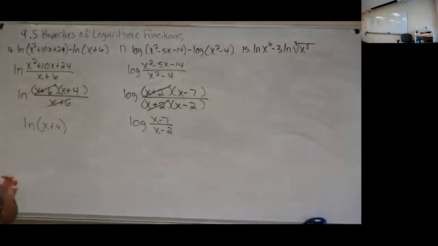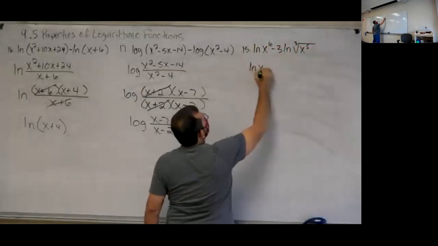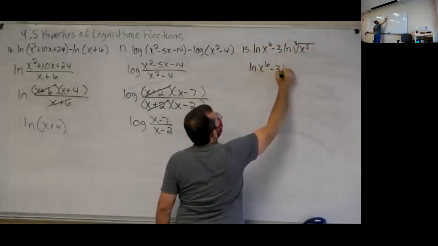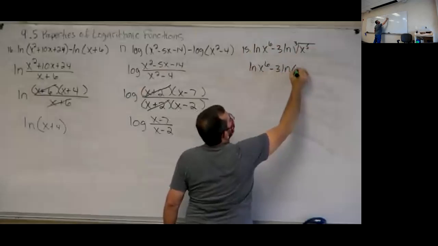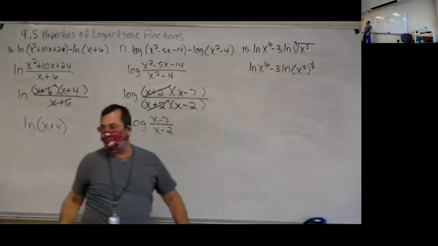So the first thing I'm going to do, I'm getting rid of that radical. So I'm going to have an ln of x to the 6th minus 3 ln x to the 5th raised to the 1/3.